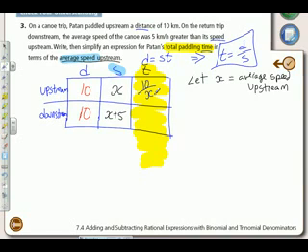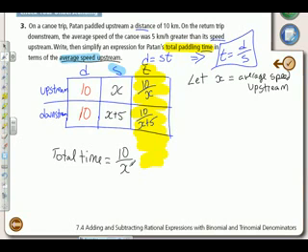Downstream, do the same thing. The distance is 10 divided by the speed, x plus 5. And I'm looking for the total time, so it's those two added together. We now make our expression. Total time is equal to the upstream plus the downstream.